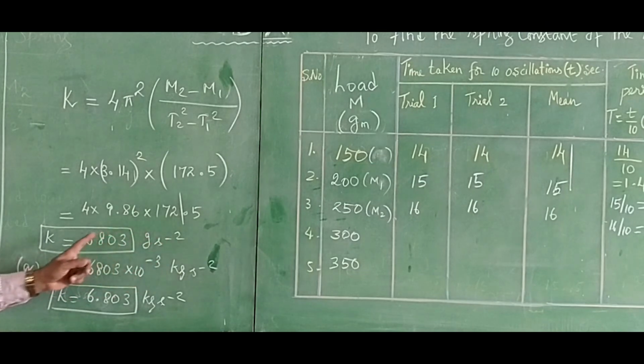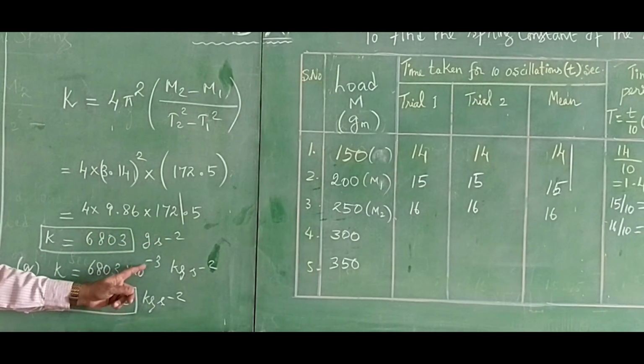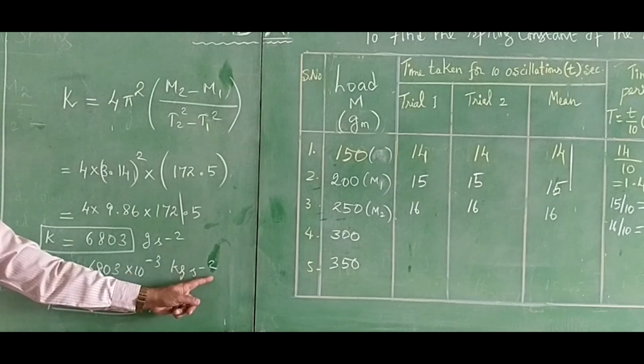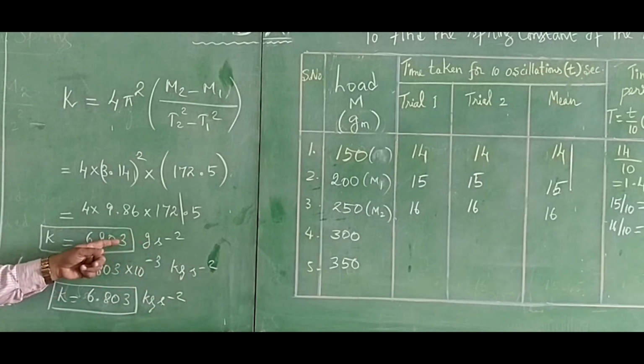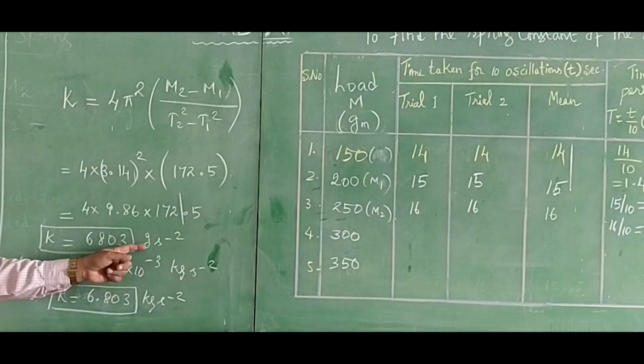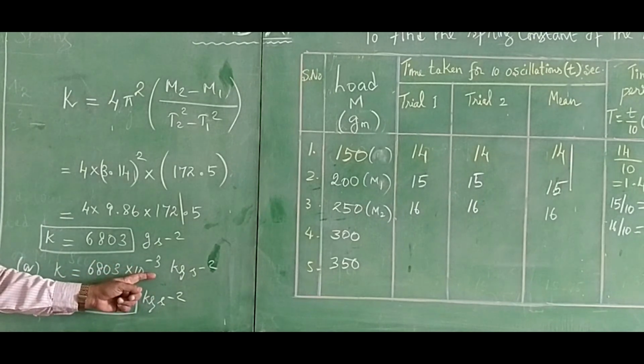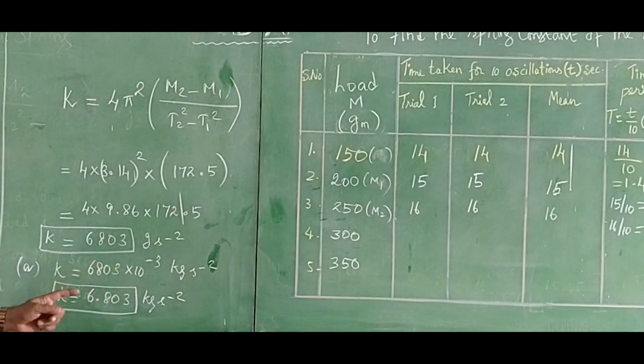It is otherwise written as 6,803 into 10 power minus 3 kilogram per second square. I am converting this value from the CGS system to the SI system: gram per second square to kilogram per second square, multiplied by 10 power minus 3, which we can say is otherwise divided by 1000.